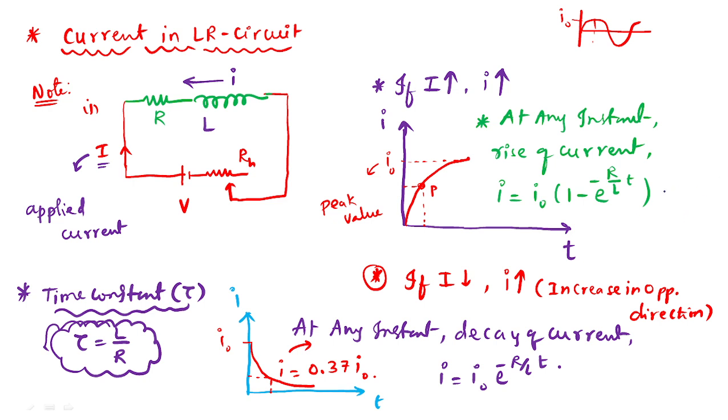So this entire formula I can write as I naught times (1 minus e power minus t divided by tau), or else I naught times e power minus t divided by tau. Tau is a time constant because L and R make it a time constant.